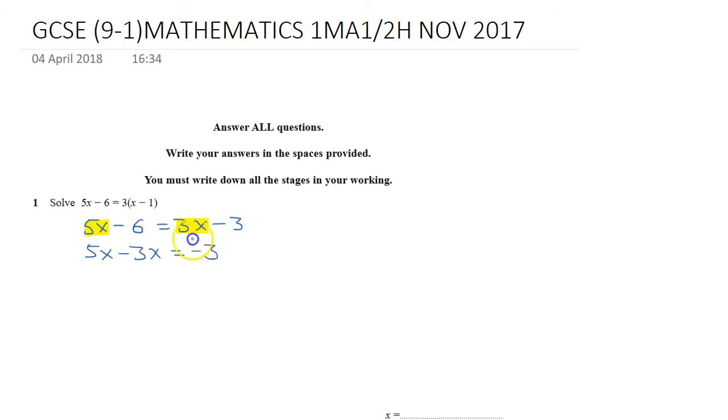This is minus 3, 6 will come this side and become plus 6. Now 5 minus 3 is 2x is equal to 6 minus 3 is 3. So x will be 3 over 2.